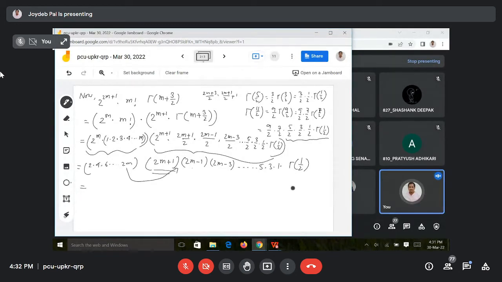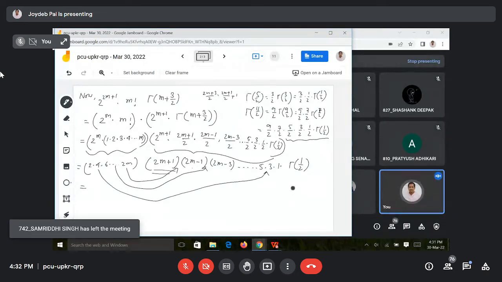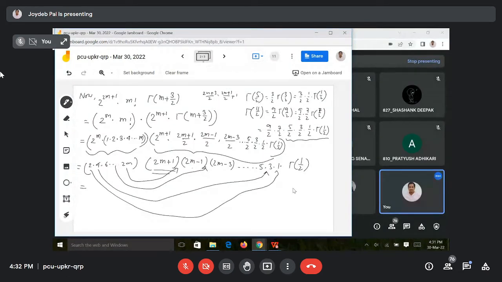Then the next term will be 2m minus 2, and it comes from here. In that way, in between 5 and 3, 4 will be there. Then in between 3 and 1, 2 will be there. Right? So you can arrange these overall things in ascending order or descending order.